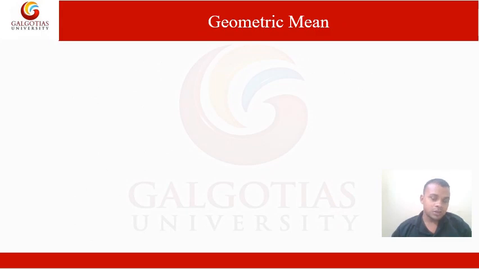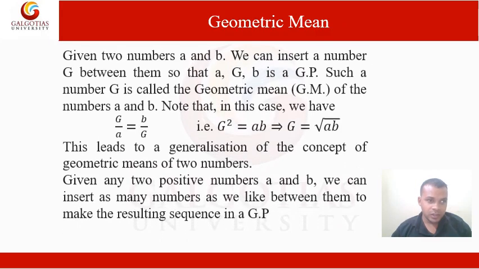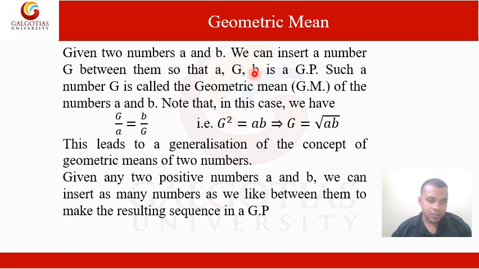Let us think about geometric mean. Given two numbers a and b, we can insert a number g between a and b so that a, g and then b is a GP. The number g is called the geometric mean of the numbers.